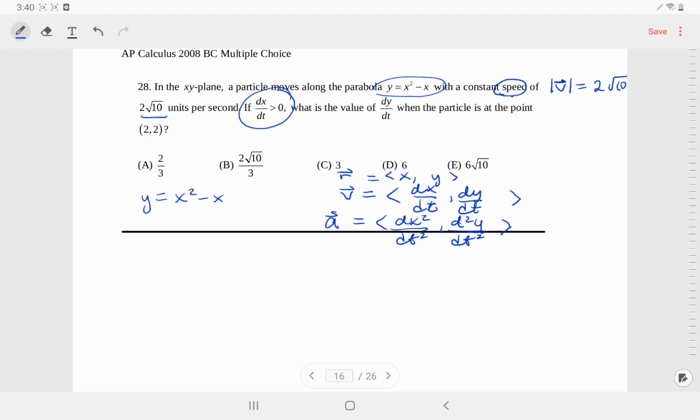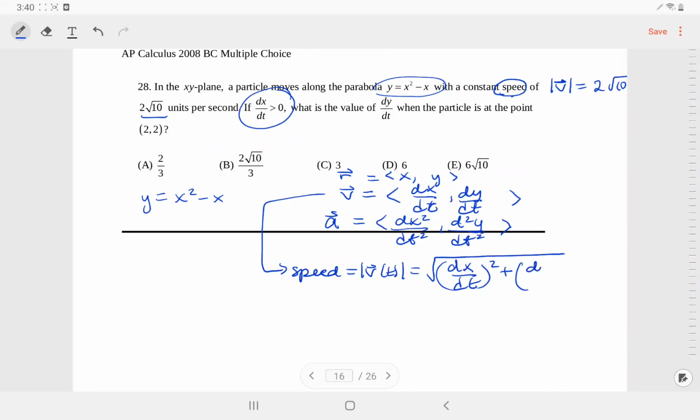Okay, so the speed, which in AB and BC is the absolute value of velocity. It's the magnitude, which is like the Pythagorean theorem here: (dx/dt) squared plus (dy/dt) squared, and they said this was equal to 2 rad 10.